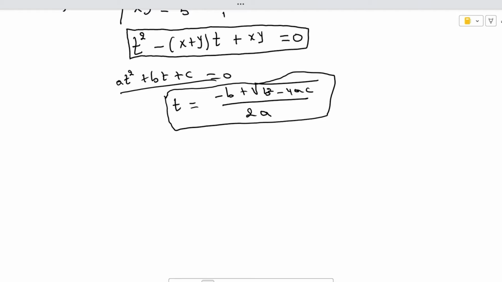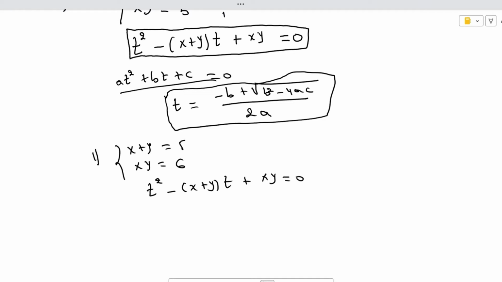Let's take the first example. Say we have the system x plus y equals 5 and x times y equals 6, and you are asked to solve for x and y. You think of x and y as roots of a quadratic equation of the form t squared minus (x plus y) times t plus x times y equals 0, and you replace x plus y by its value and x times y by its value.